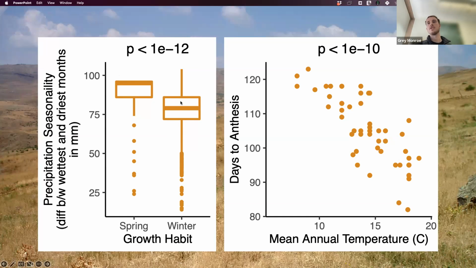So we're already seeing some interesting differences in relation to phenotypes, and now we're looking at the genetic basis of that. Similarly, days to anthesis, this is basically the same thing. We think of this as flowering time. What we see is that things that tend to come from hotter environments tend to flower much faster than things that come from cold environments.